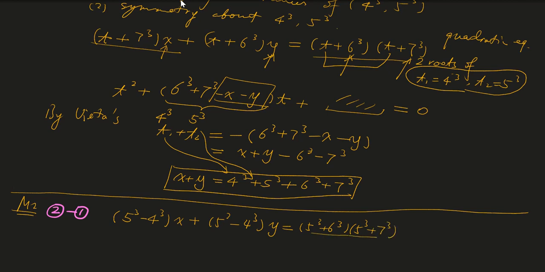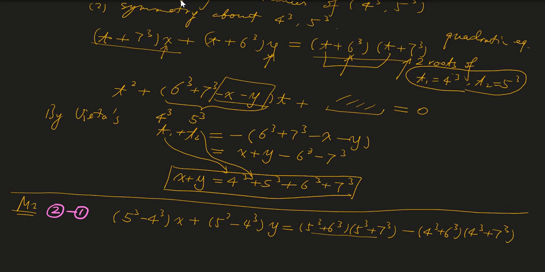This is the right-hand side of the second equation, minus the right-hand side of the first equation, which is (4 cubed plus 6 cubed) times (4 cubed plus 7 cubed). Very good.